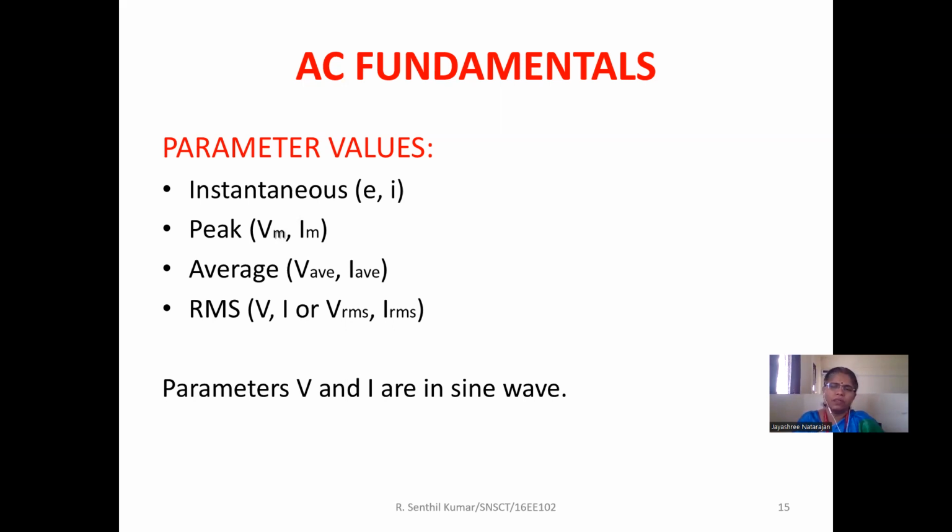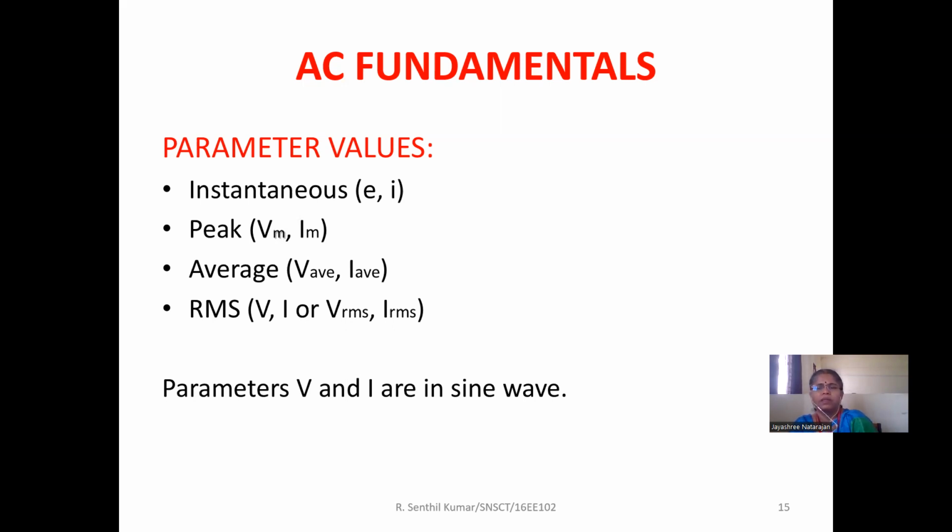In the Indian system, the frequency is 50 hertz. The AC voltage attains positive maximum, goes to zero, then comes to negative maximum, 50 times in a second. That is the frequency. It attains zero 50 times within a second.